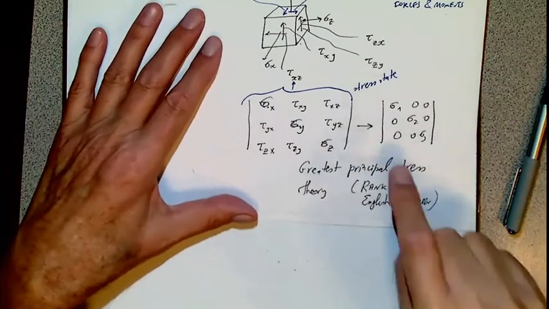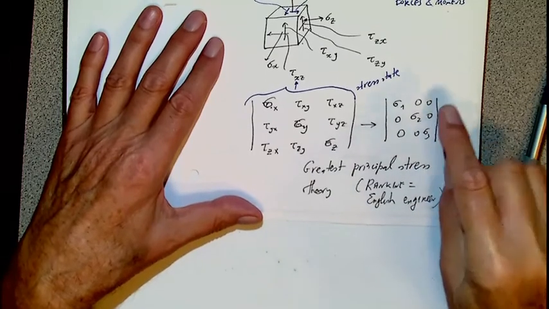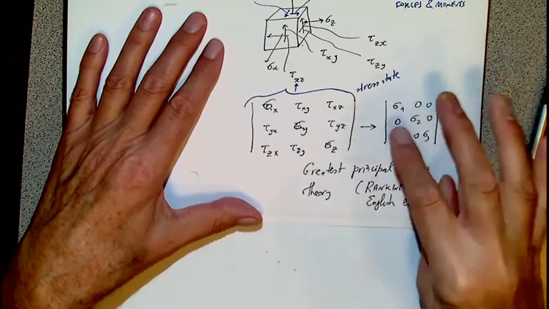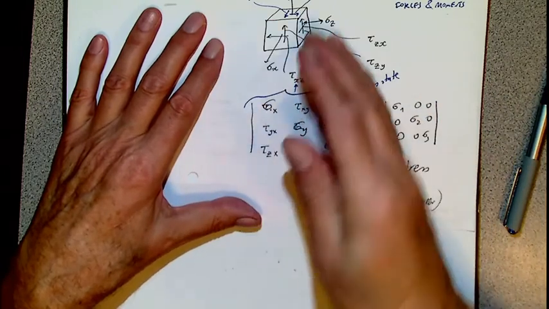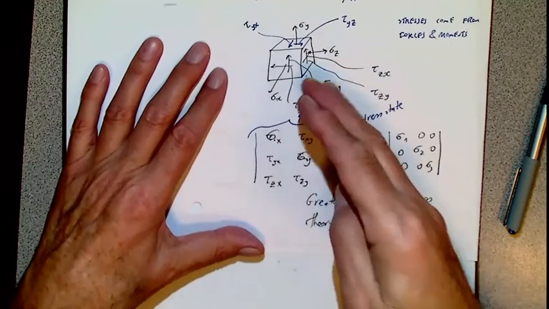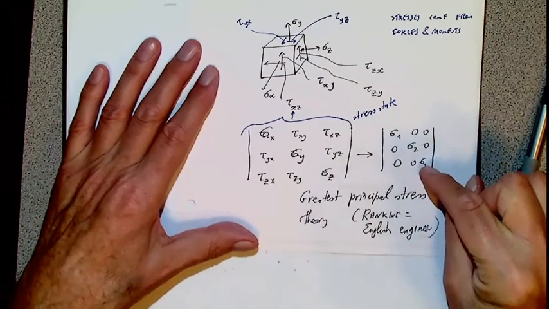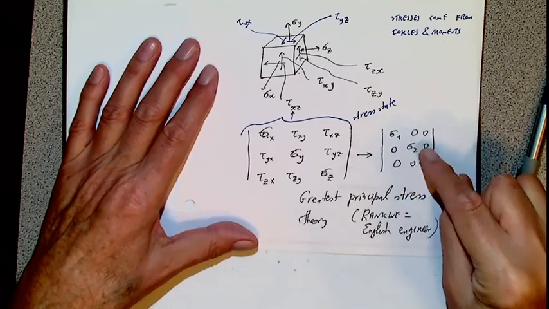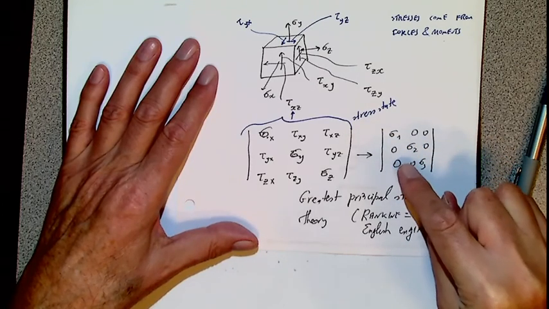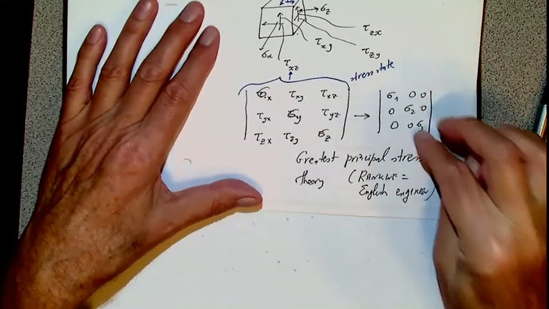So we can rotate the system in such a manner that we get sigma 1, sigma 2, sigma 3. Only normal stresses, and shear stresses are 0. These are the principal stresses.